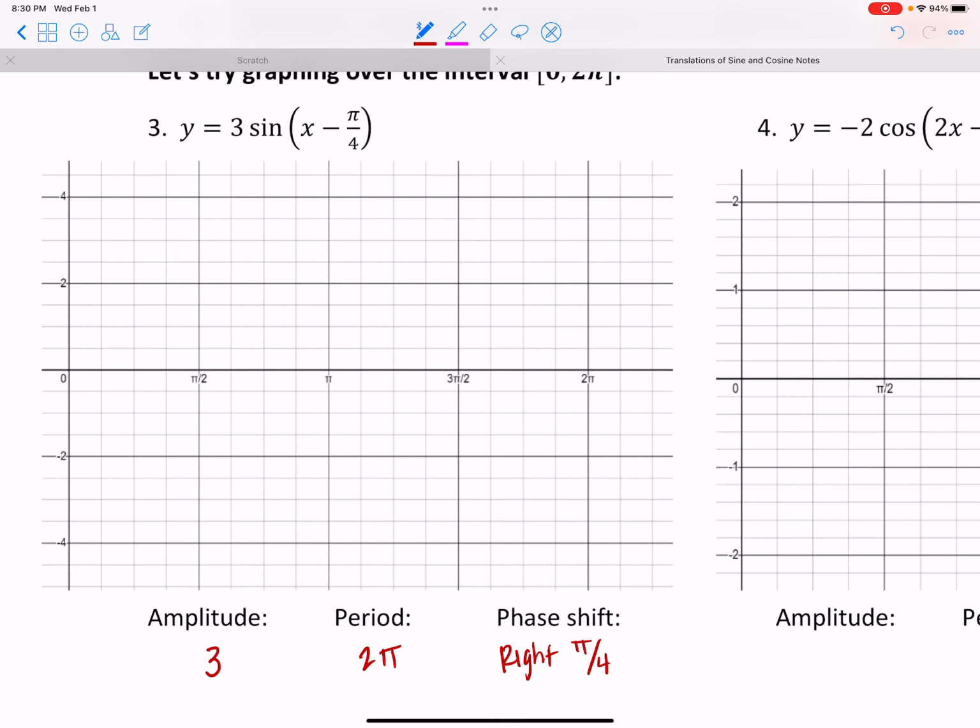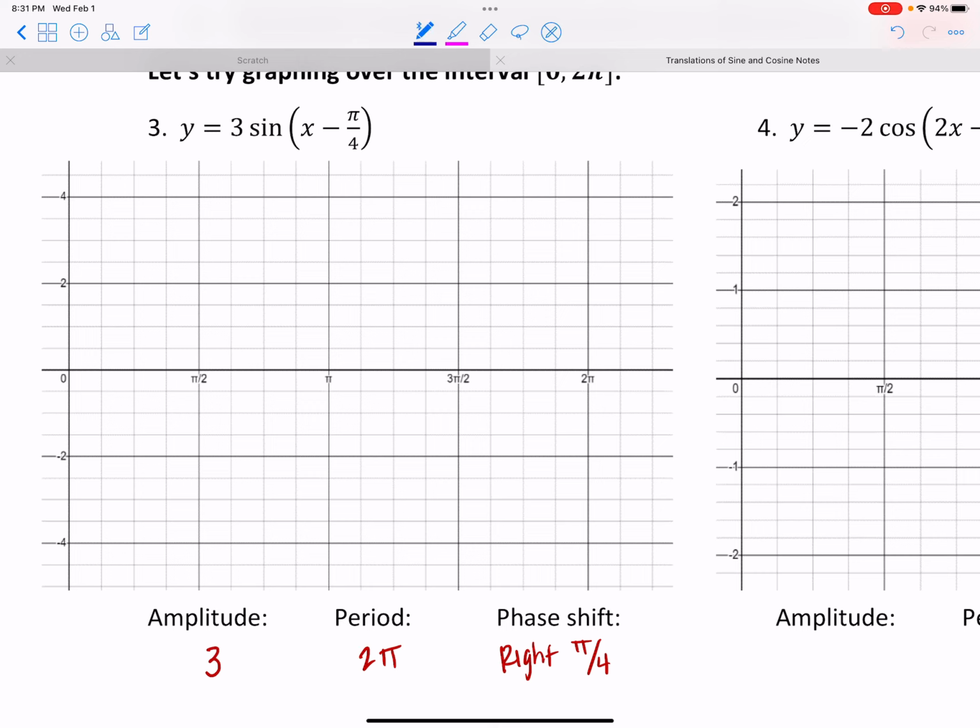Okay, so what I'm going to do this time, instead of shifting my midline and using that as a reference, I'm going to shift the y-axis. Okay, normally we're starting on the y-axis. Normally we start at the origin, right? If I go up or down, then I move the midline. Now if I want to go left or right, I'm going to shift what I'm normally using as my y-axis. So instead of starting at 0 there, if I have to go to the right pi over 4, then I'm going to go, so pi over 4, got to think about how much that is first of all.